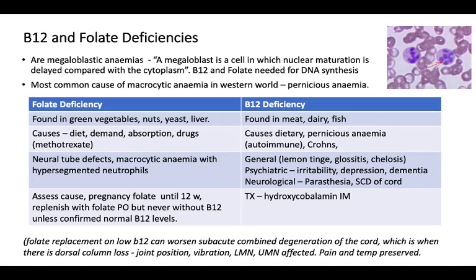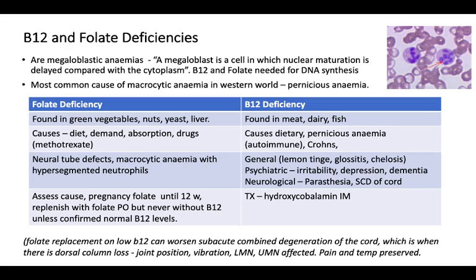This is when there is loss of the dorsal column, so you can get reduced proprioception, vibration, and joint position sense. Patients will present with an ataxia or stiffness, and later on their motor neurons can get affected as well. However, pain and temperature are preserved because it's just the dorsal column that's being affected.